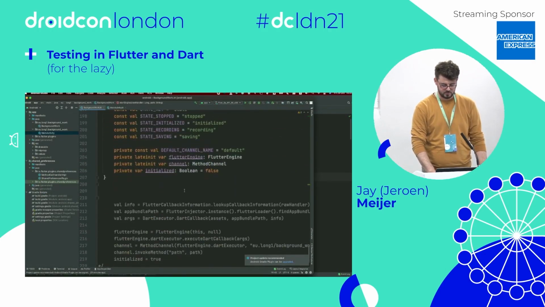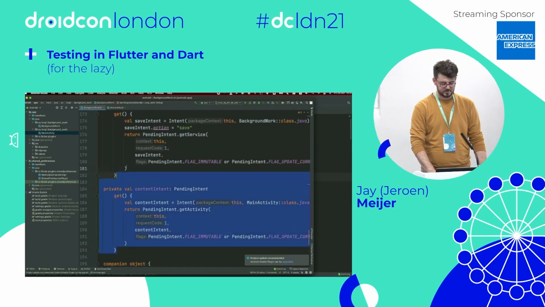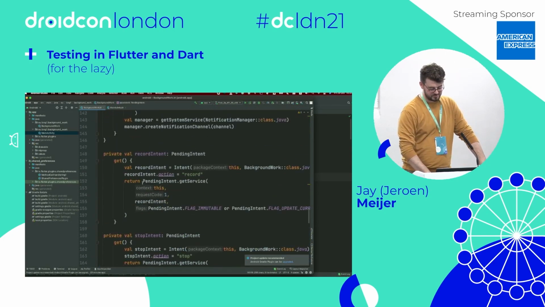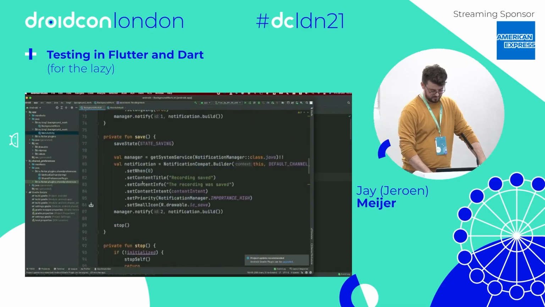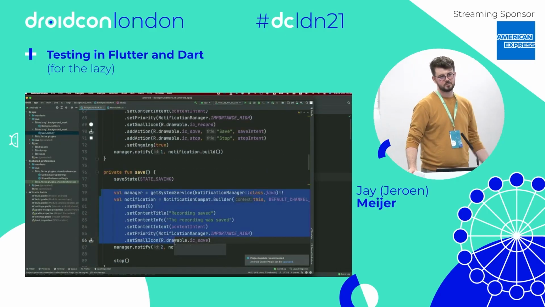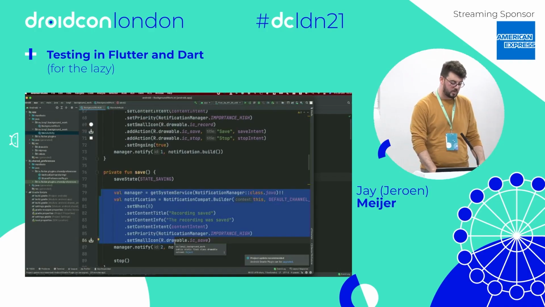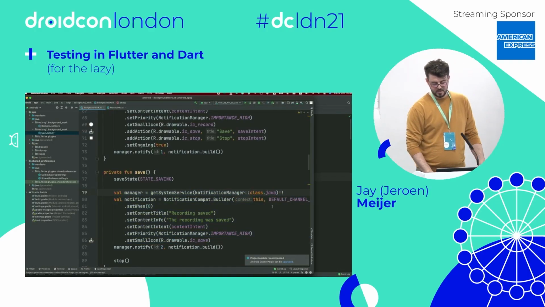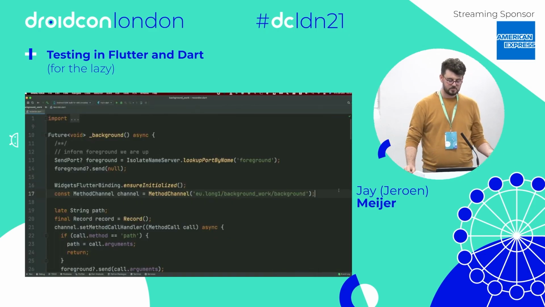As you can see here, we have some pending intents and a lot of Android stuff and notification building, to inform the user about the proper state of the application and what they can do at that stage in the service lifecycle. I'm going to send you the repository at the end of this meeting. You can have a look at it.